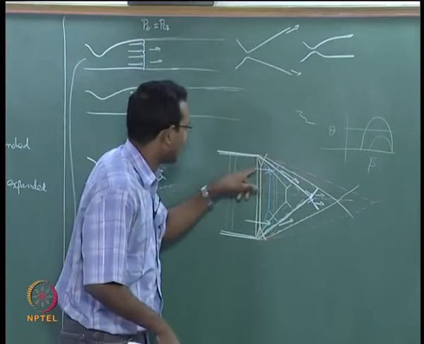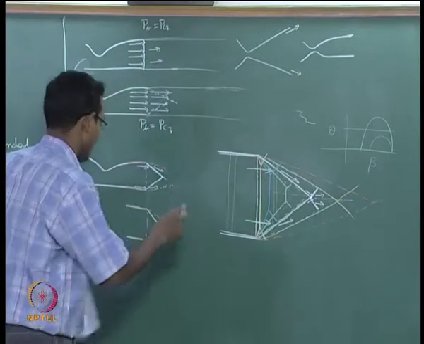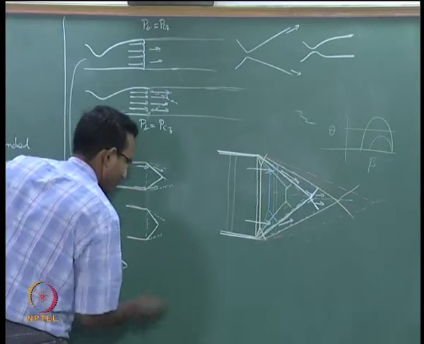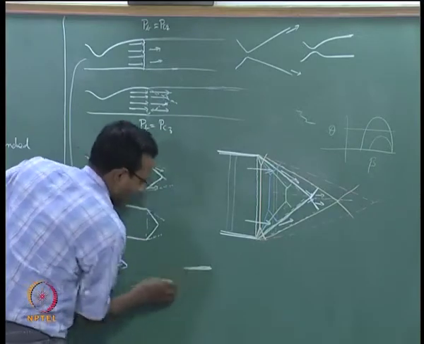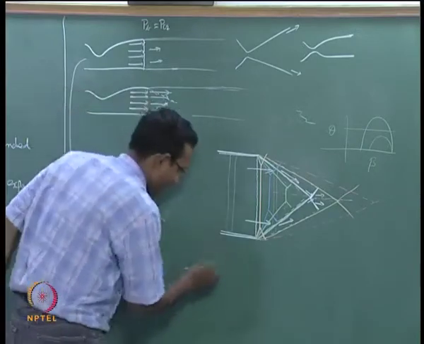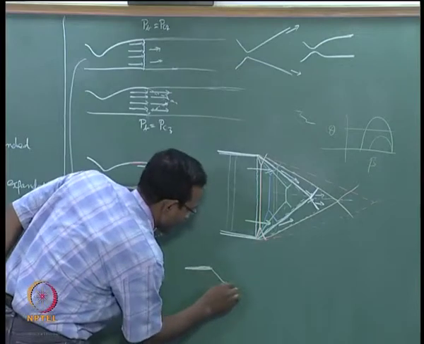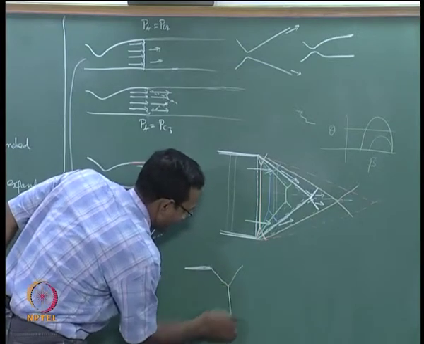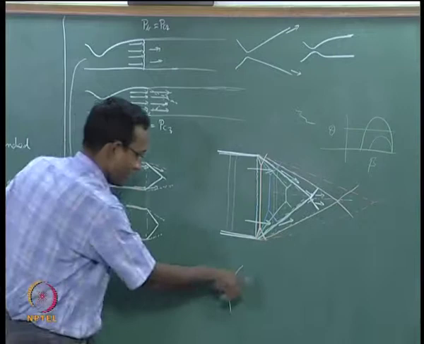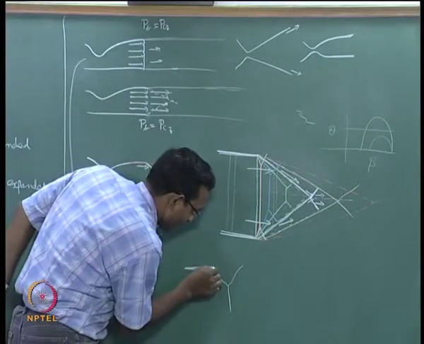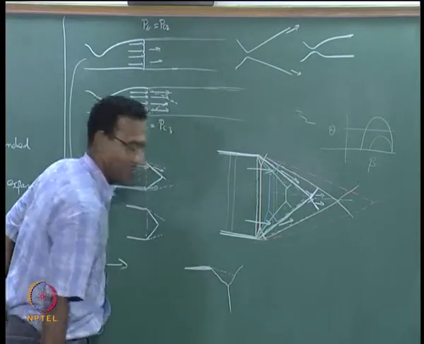I will take that small region and draw it better so that you can see what is happening there. This is my nozzle exit edge, one edge only I am showing. There is a shock and that is reflecting like this with a normal shock here. If this is what is happening there, locally the fluid boundary is this.